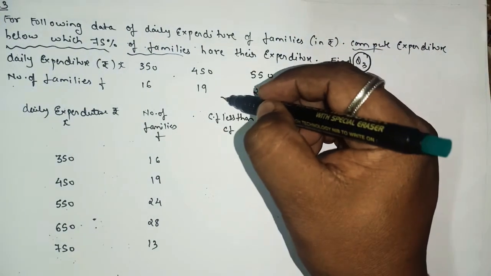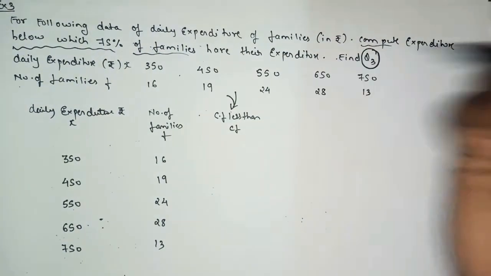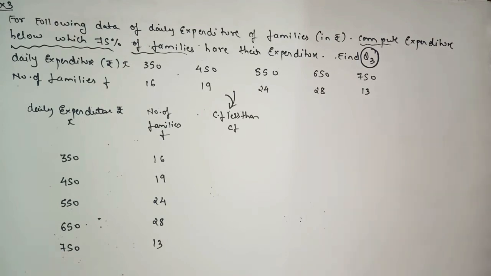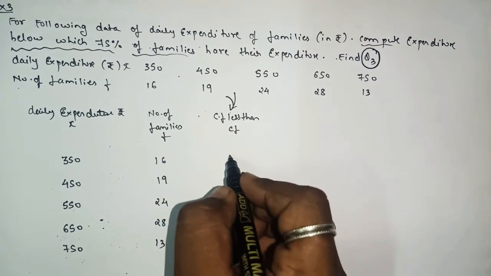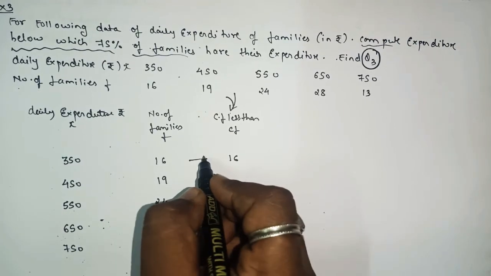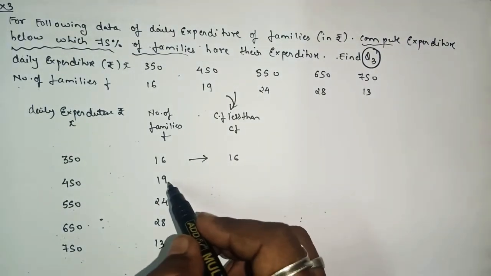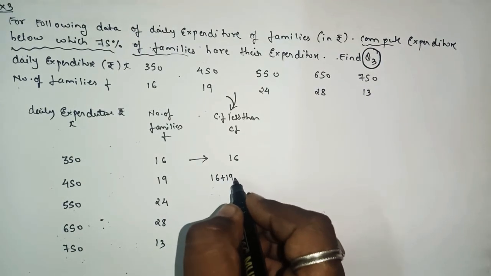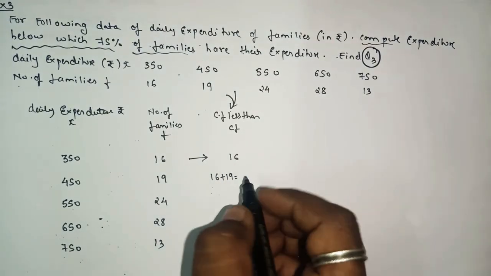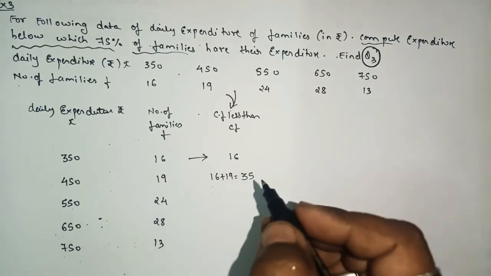I hope you all might be knowing how to find the cumulative frequency less than. So here the first number you will write same as it is, then simply go on adding the numbers. So here this will be 16 plus 19, yes or no? 16 plus 19 is 35.